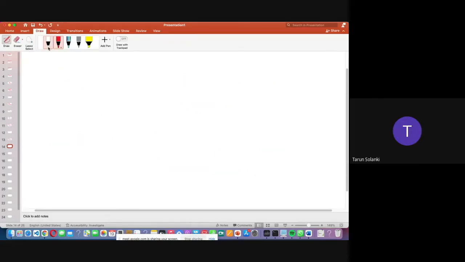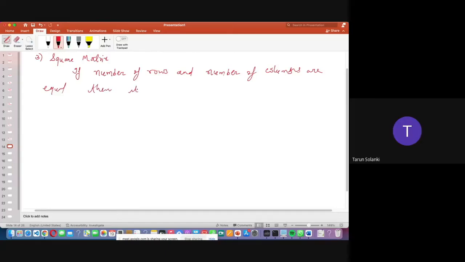Next thing is square matrix. If the number of rows and the number of columns in a matrix are equal, then it is called a square matrix.